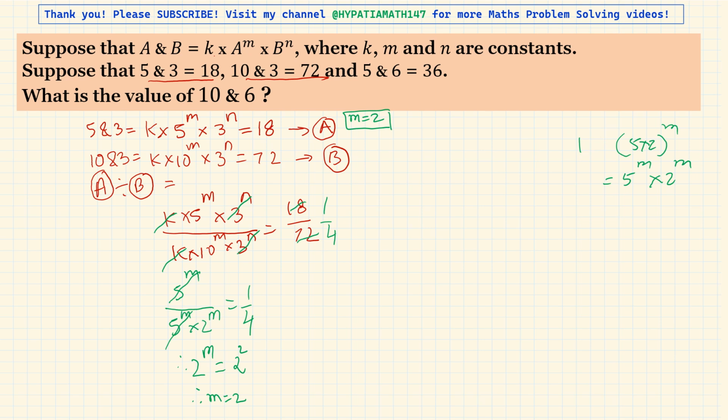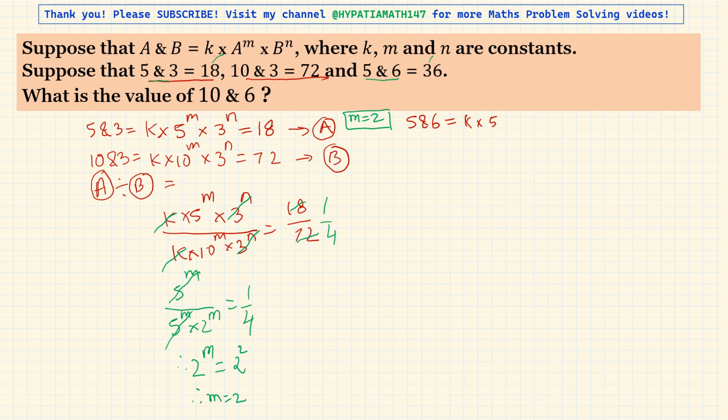Okay, so once we know m equals 2, let's now try and work out the other values. So now let us use 18 and 36, that is 5 ampersand 3 and 5 ampersand 6. I'll just write down 5 ampersand 6 equals k times 5 to the power m.